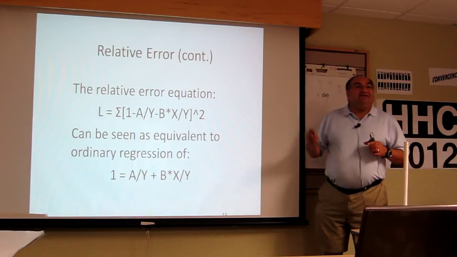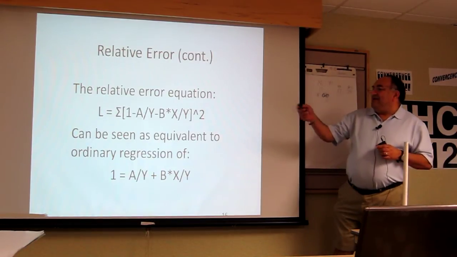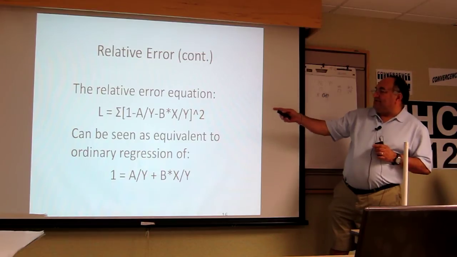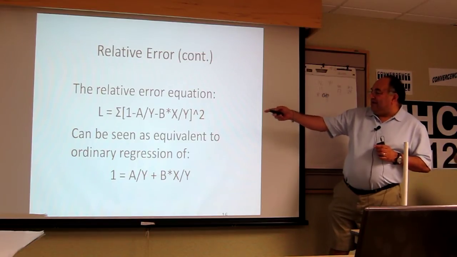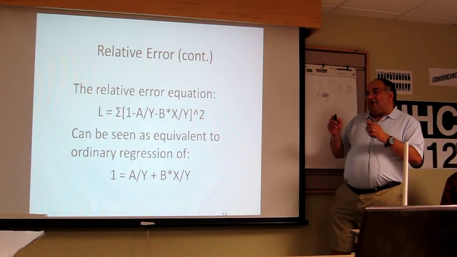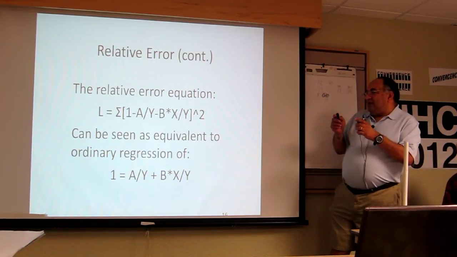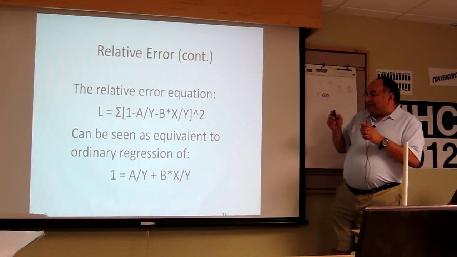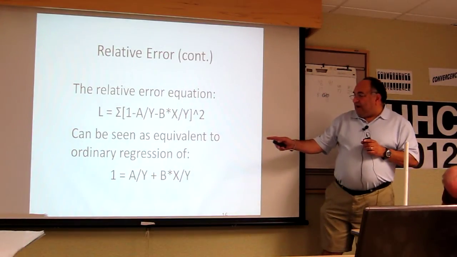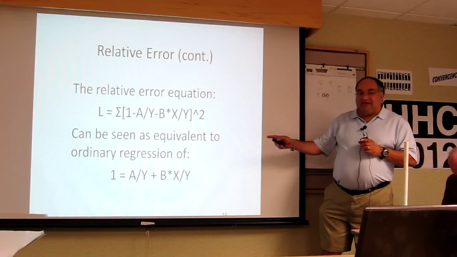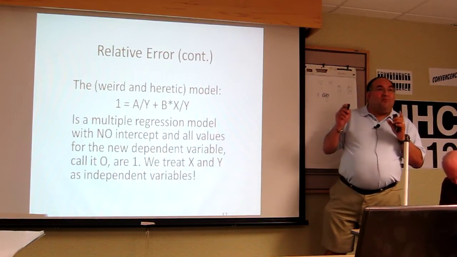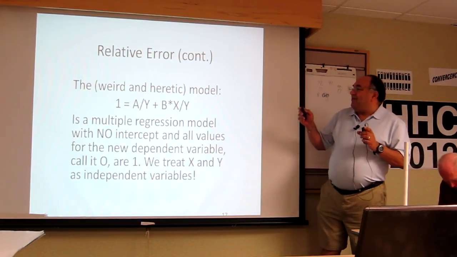Well, let's take a look at the sum of the squared error expression. L equals 1 minus that ugly expression there. Now, if we look at it in terms of ordinary regression, it's like we're saying 1 equals a over y plus b times x over y. Okay? Well, this is a weird, ugly, and heretic model.